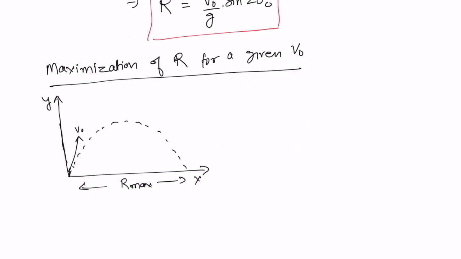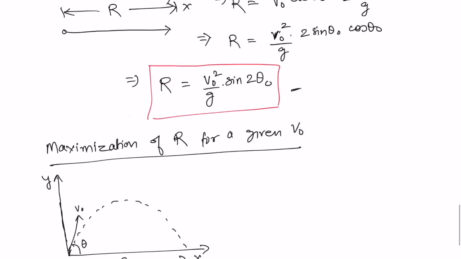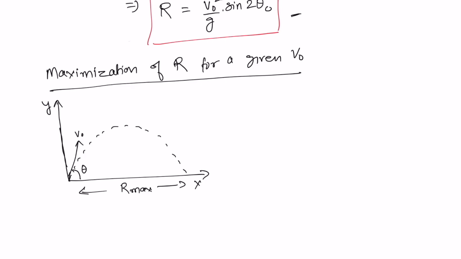The other variable I can play with is the angle from the ground at which I throw the ball. So what should be the value of this angle to achieve maximum range? Based on this equation, we can see that R as a function of the variable theta is v naught square by g sin 2 theta.